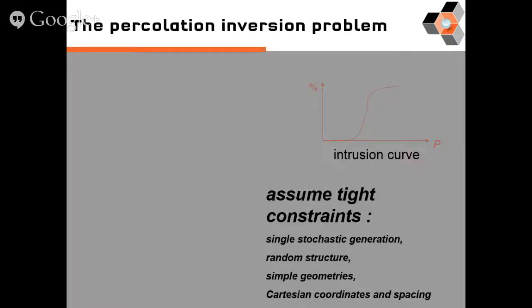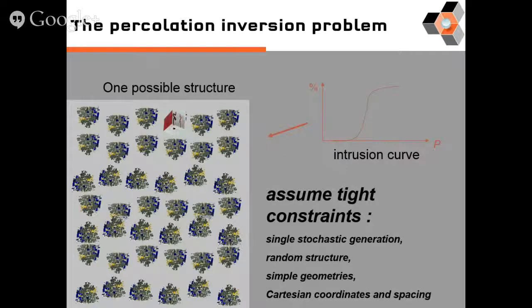We impose a random structure, we have some simple geometries, and we equally space the voids on Cartesian coordinates. So we put all those constraints on it, and clicking on here, we get one possible structure, which is now not the wormhole structure, but another structure.